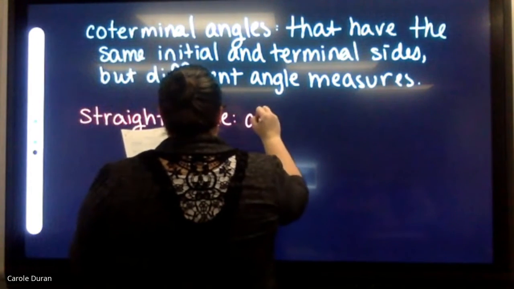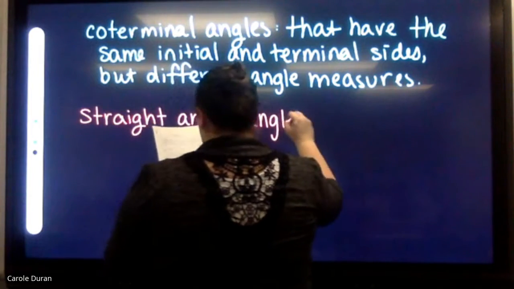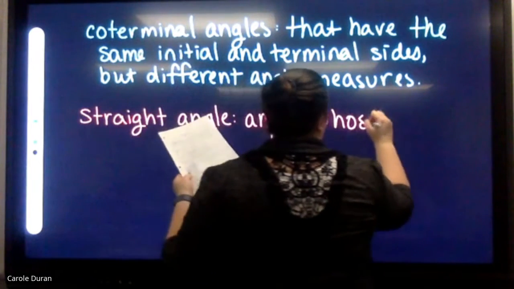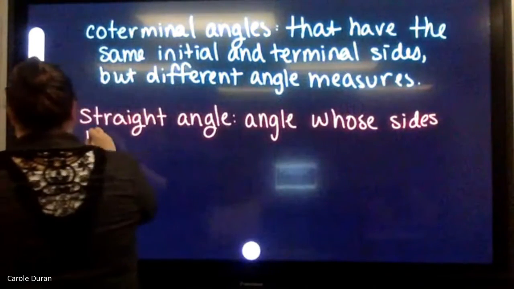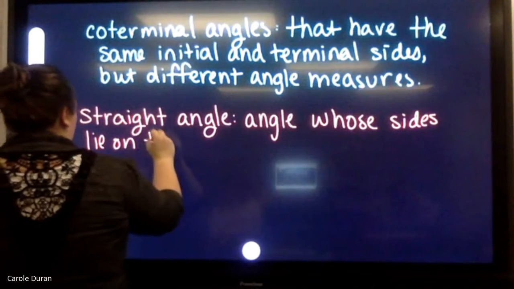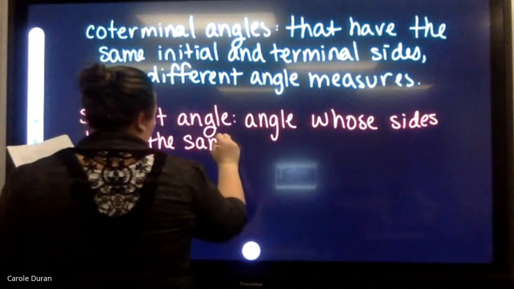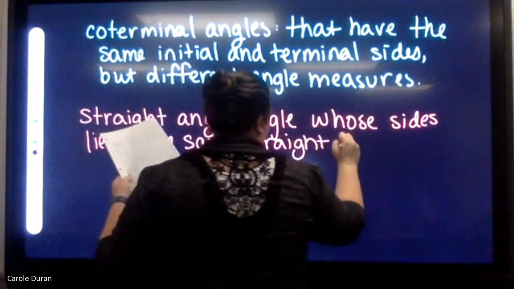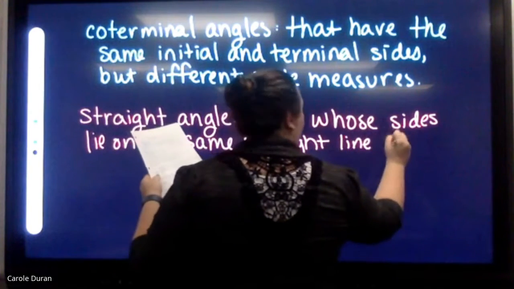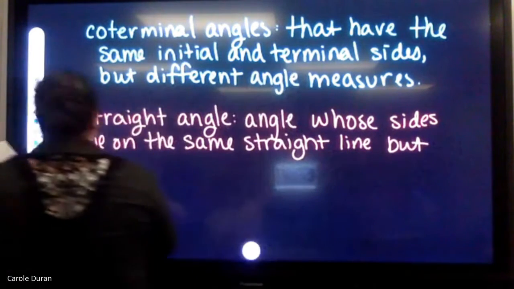Okay, so a straight angle is an angle whose sides lie on the same straight line but extend in opposite directions.